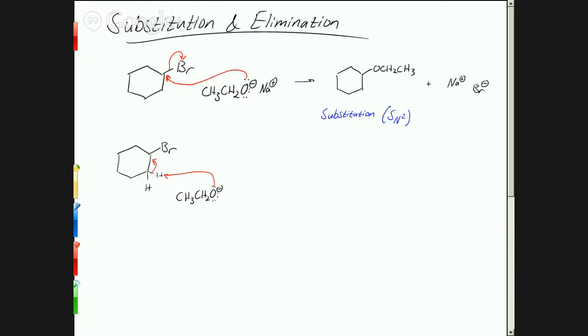Those electrons go down to form a double bond, and the bromine gets kicked off that way. So the product from all those arrows, you'll notice this ethoxide is not attached to this ring. It simply pulls that hydrogen off, leaving this alkene. And so the byproducts are the bromide, which also would have sodium, by the way, and then the ethanol.